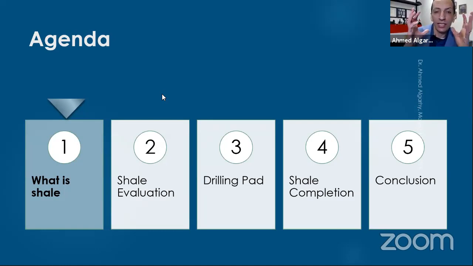The clay itself has high gamma ray, right? But whenever we have organic matter, that organic matter also includes some extra uranium. So now we have extra radioactive material, and I'm expecting to see something higher than the average radioactivity. So the gamma ray will be a little bit higher, but it is not only that.